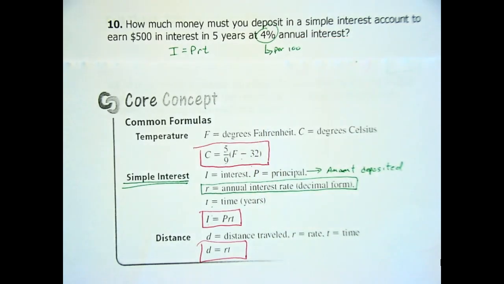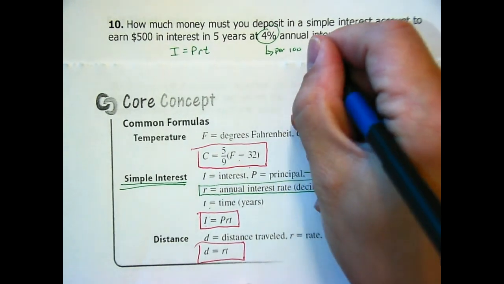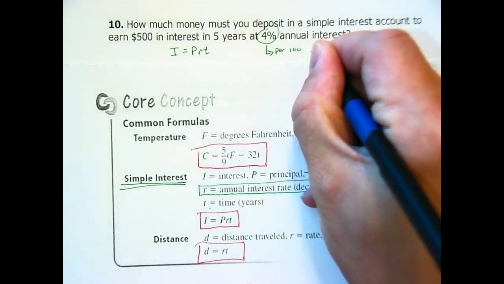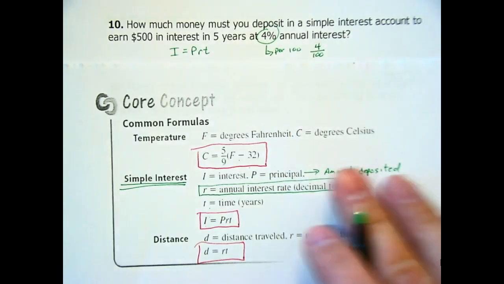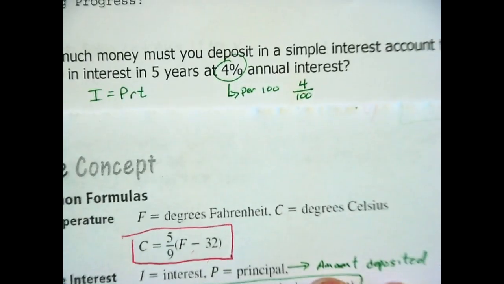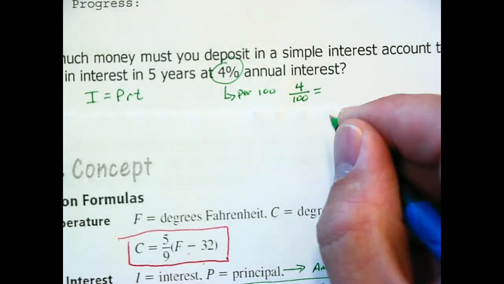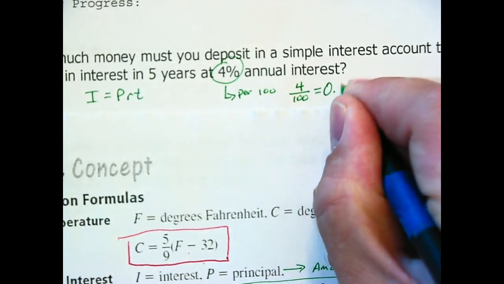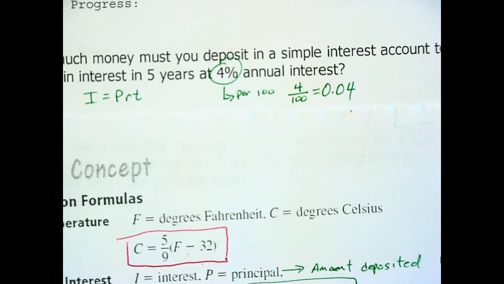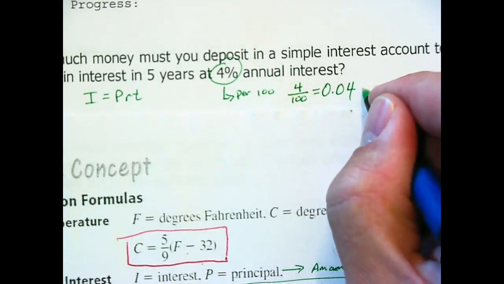Hey guys, talking back there. Pay attention. 4% means per 100. That means I have 4 per 100. That means I have a fraction. 4 over 100. 4 over 100 is what decimal? 0.04. Okay? So that is my rate in this problem.